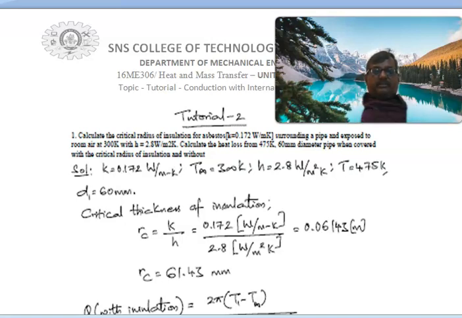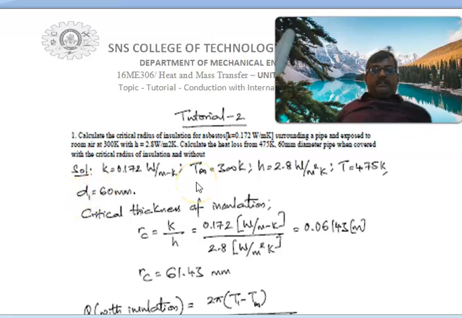So the given data: thermal conductivity is given, which is 0.1 watts per meter Kelvin. The ambient temperature is given, which is 300 Kelvin, and moreover the heat transfer coefficient is given, 2.8 watts per meter squared Kelvin, and T1 is given as 475 Kelvin. The diameter is also given, which is 60 millimeter.